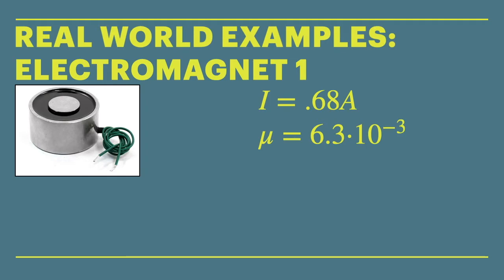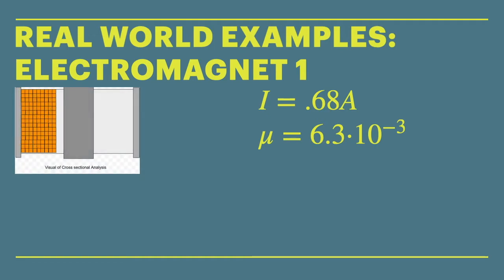To figure out how many loops there were, we took the cross-sectional area based on the to-scale image we found online and used it to calculate how many loops of copper wire could fit within this cross-sectional area. We assume that they were using 20 gauge copper wire, a small diameter wire that is common for a magnet of this size.